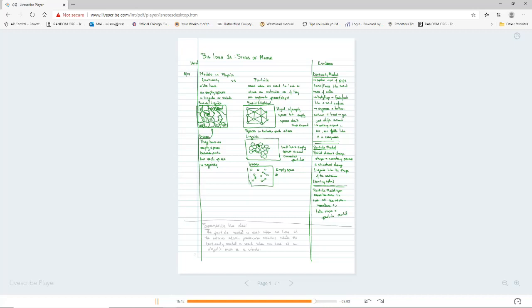So what might my summary idea for this particular piece look like? Well, at the bottom, I'd summarize it by this. Here's our summarize the idea.